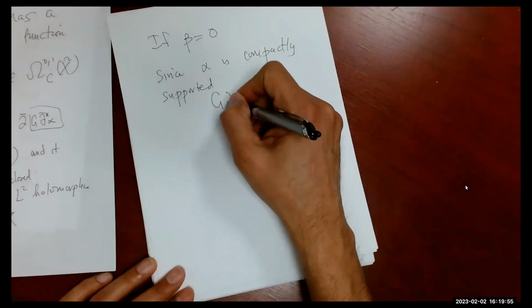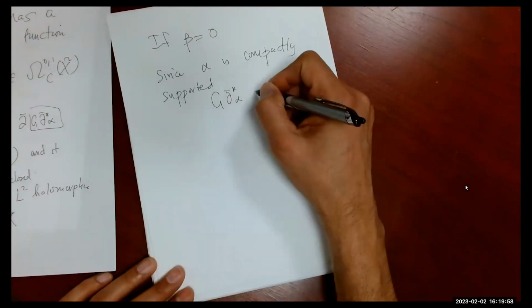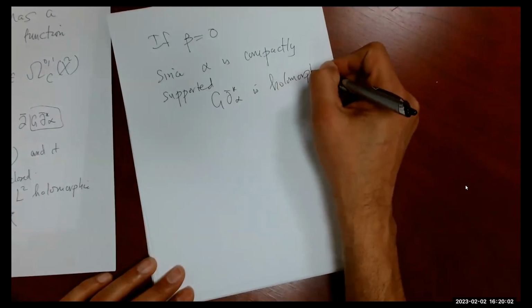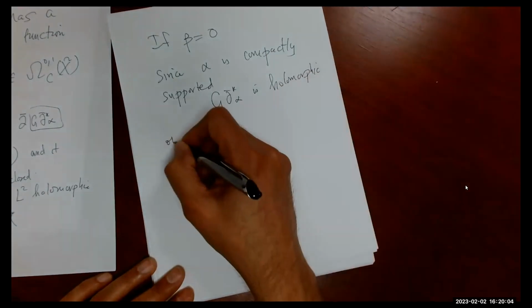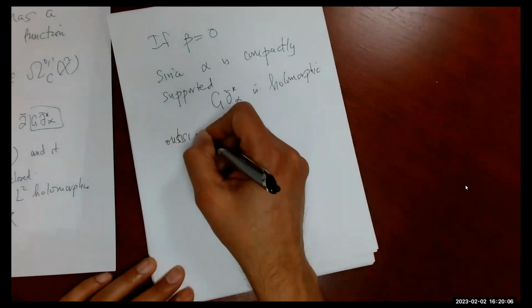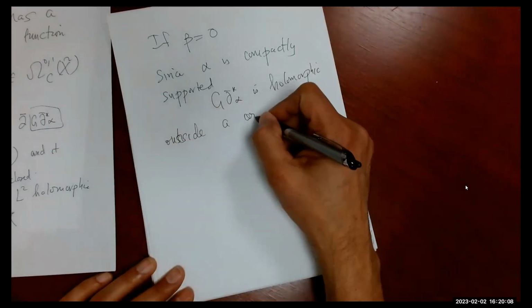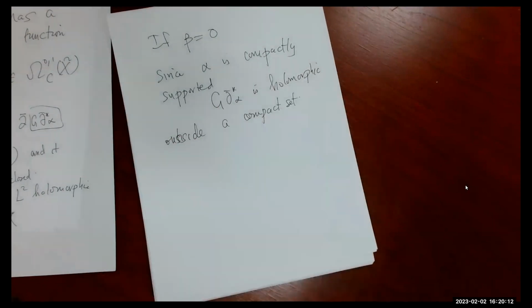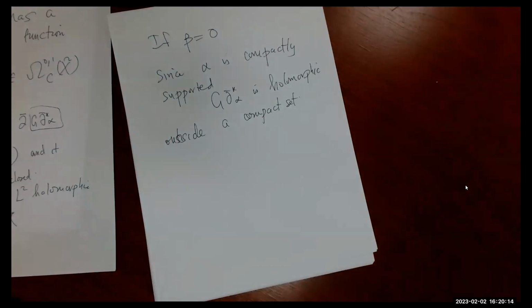G applied to d bar star alpha is holomorphic outside a compact set. And further, G applied to d bar star alpha goes to 0 at infinity, the same as G going to 0 at infinity. So it's the behavior of G that determines it.